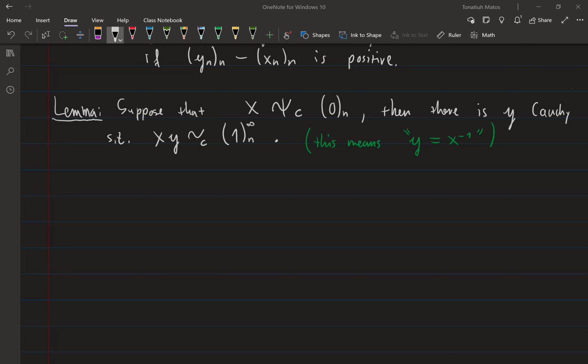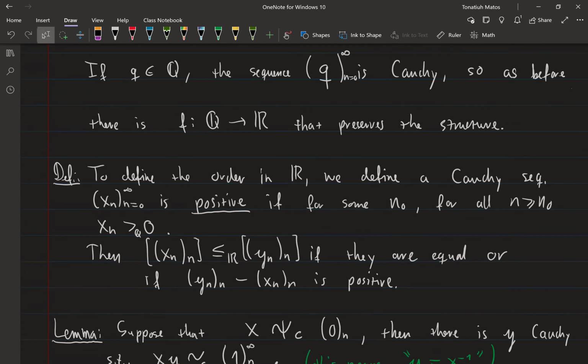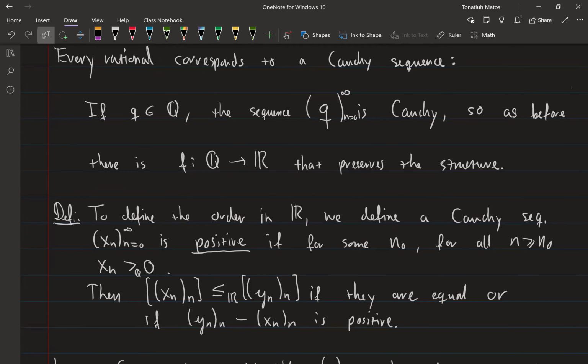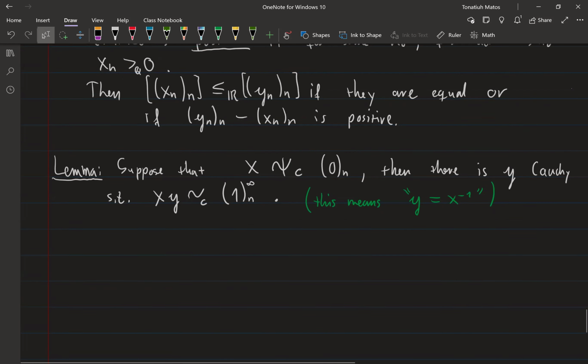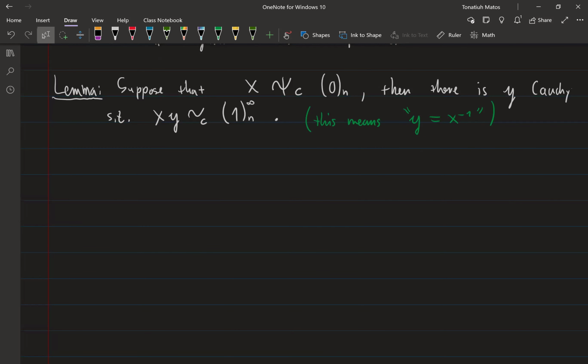Okay, so each real number is defined by a specific Cauchy sequence. So there are many Cauchy sequences that will define the same real number. That's actually a really good question. So remember, in the past, when we defined the rationals as pairs of integers, there were infinitely many pairs of integers that produced the same rational, right? Basically, 2 over 3 was the same as 4 over 6.